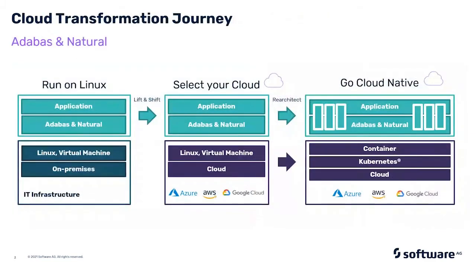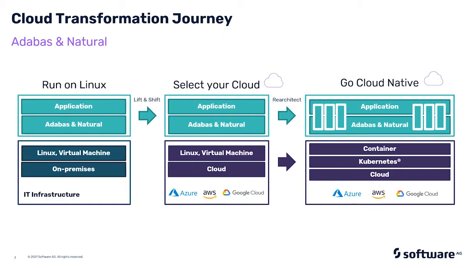And now, let's look into the cloud transformation journey that Software AG has to offer. Here you can see that the strategic operating system for the cloud for Adabas Natural is Linux. The different cloud vendors offer commodity, x86-based hardware to run your applications and provision the infrastructure inside of the cloud.